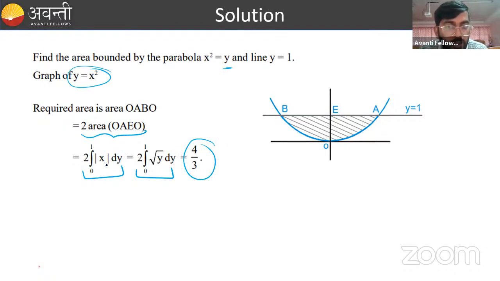First we write integration x dy. Our x is equal to root y. Y equals x square, so x will be root y. That is why root y has been written on the right side.